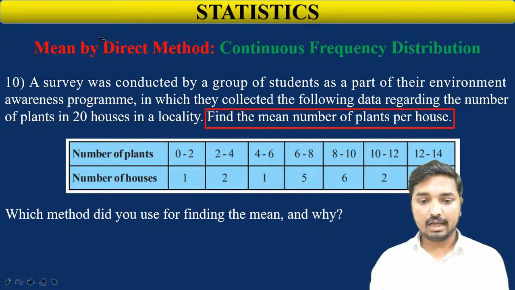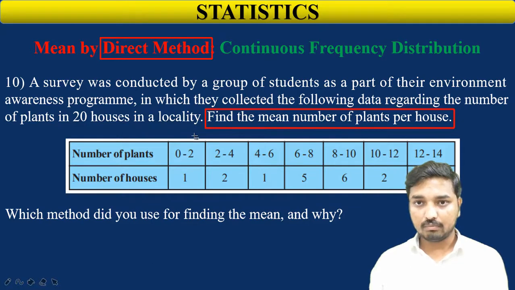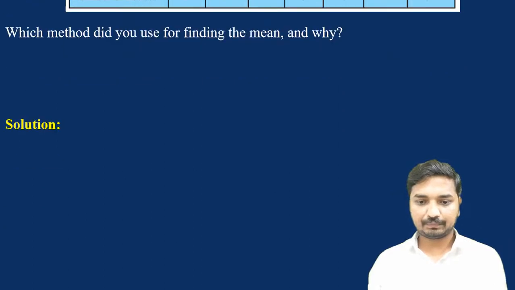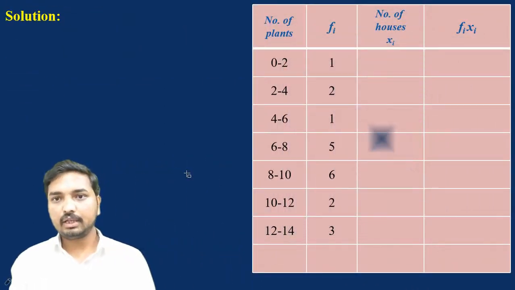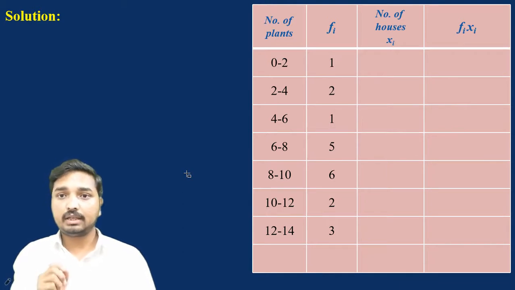I have mentioned that I'm going to use the direct method here, and at the end of this solution I'm going to clarify which method is suitable for a given data. Now let us look at the solution. The first thing you have to do is write down the given data in table format.